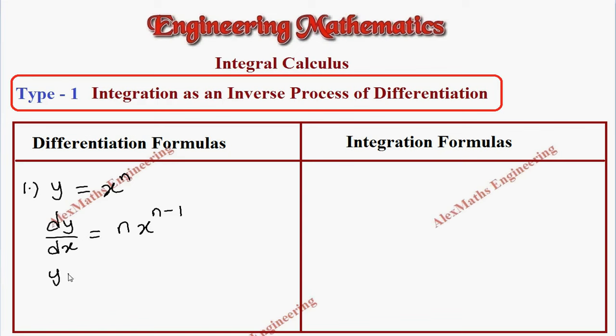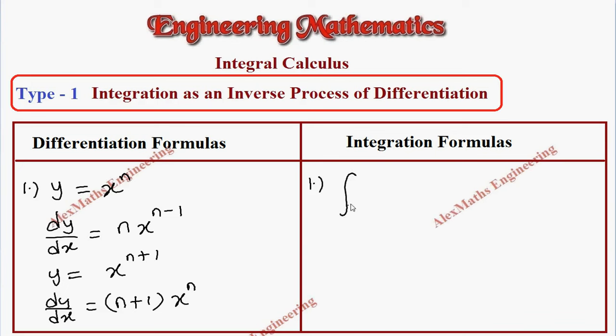Suppose I have x power n plus 1, using the same formula we can write its differentiation dy by dx as n plus 1 into x power. We have to subtract 1 from the power. So if I subtract 1 from n plus 1, we get n. Using this, we are going to write the integration formula.